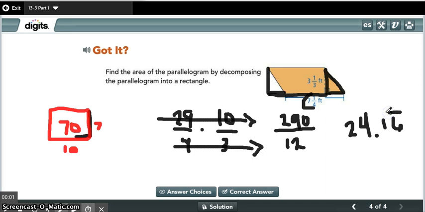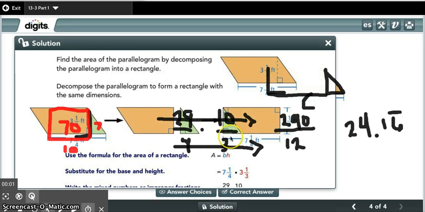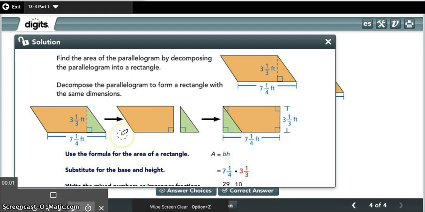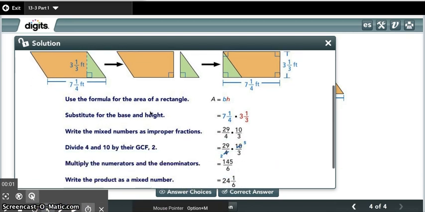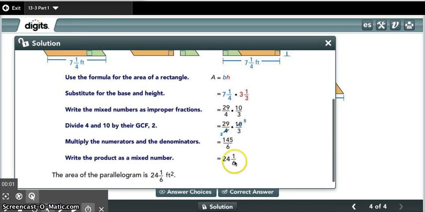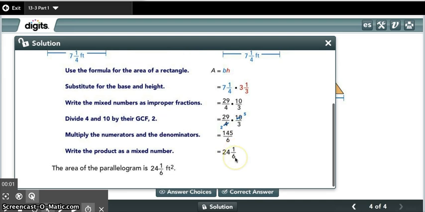This is the repeat bar. And I'm going to pull up the answer choices so we can see the fractional answer as well. Oops, and let me clear my work. All right, so we got 29 fourths times 10 thirds, which reduced to 24 1/6 if we would have taken the time to reduce all of that. So 24 1/6.